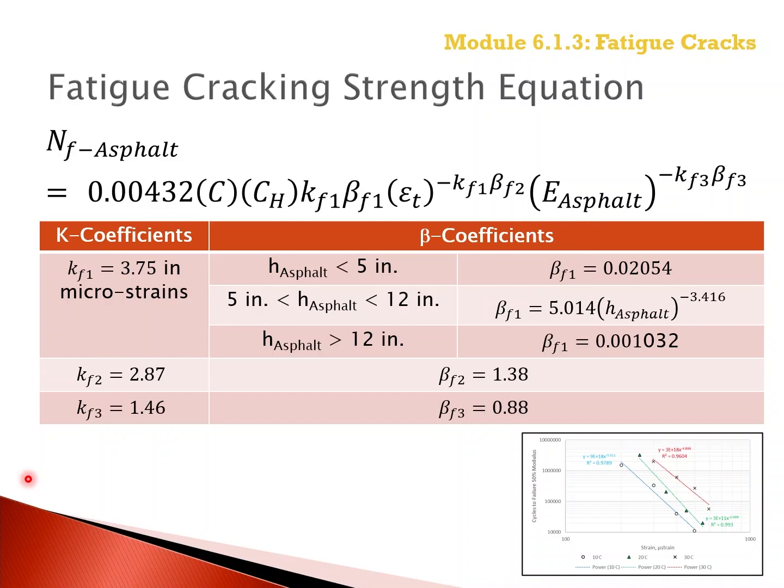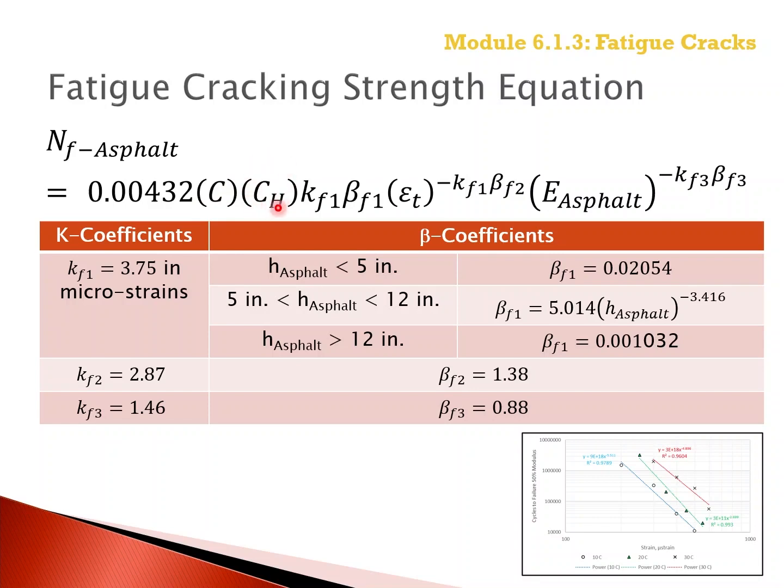The C variable is the volumetric effect, if you remember from a previous slide within this module, and is dependent on the effective asphalt content by volume and the percent air voids of the test specimen.